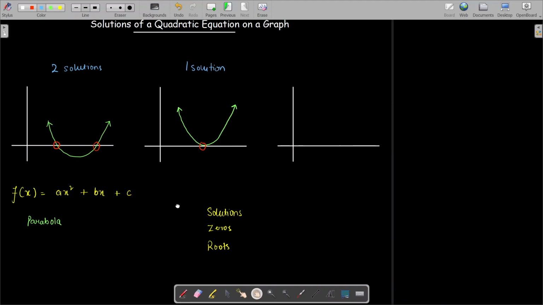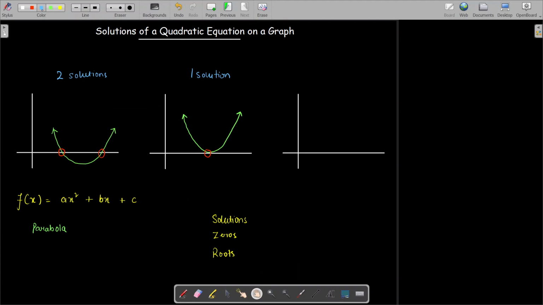And then there is the case of 0 solutions or no solution. This is the case where the graph does not touch the x-axis at all. So there is no point of intersection with the x-axis. So this is the case of no solution.